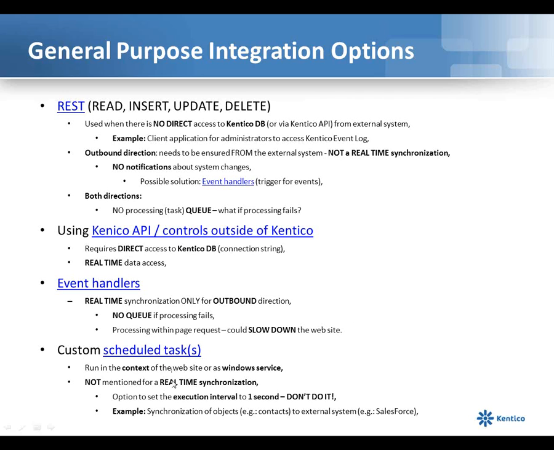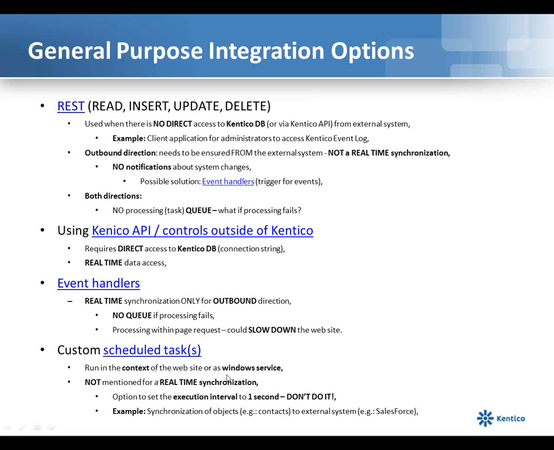And one of the last options to consider when talking about these integration options is scheduled tasks. For those of you who know how they work, it's basically code that is executed once per configured time. This kind of code is executed within either the context of your website or as a Windows service. That depends which one you prefer.